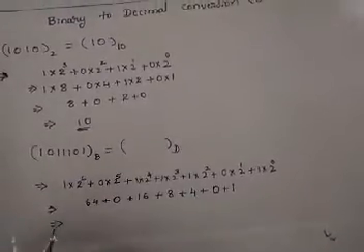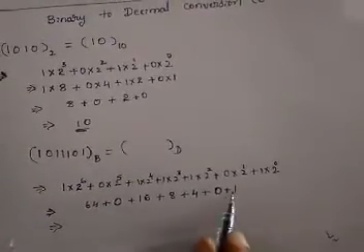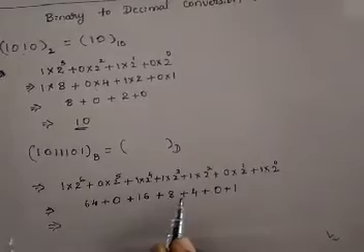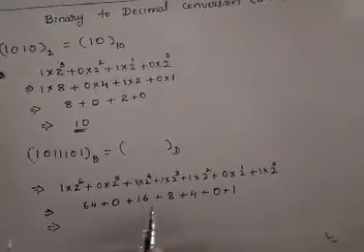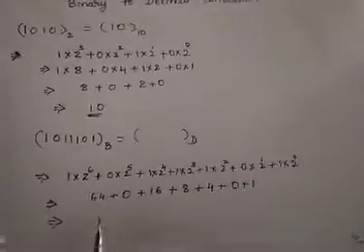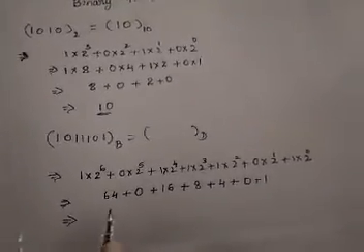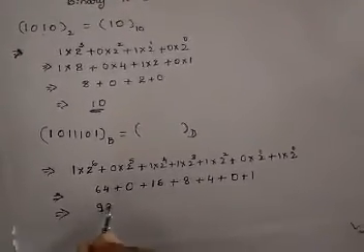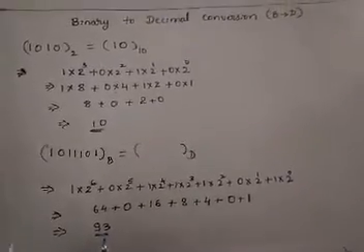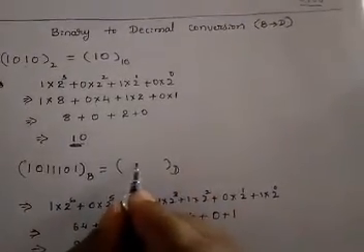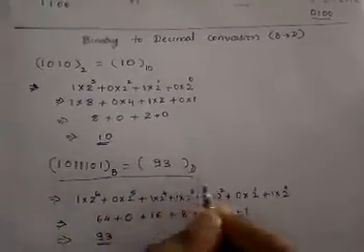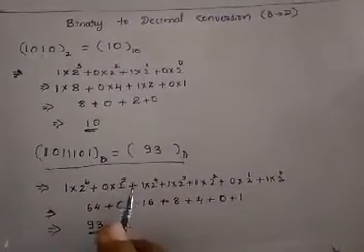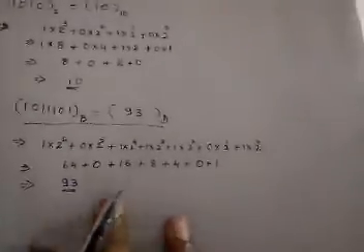After adding all these, I will get 93. This is the decimal equivalent, 93. This is how you convert any number given in binary to the decimal number system.